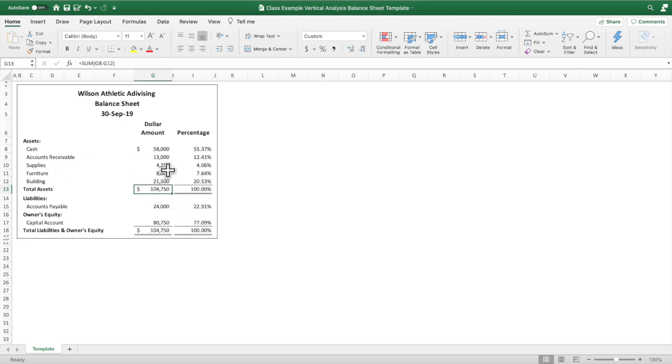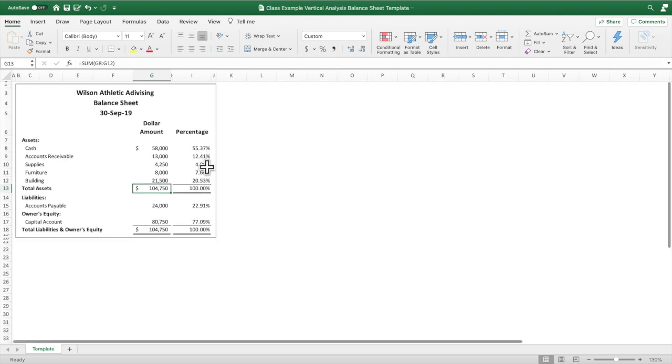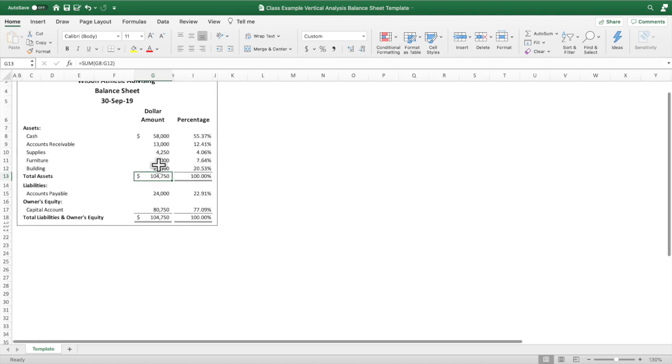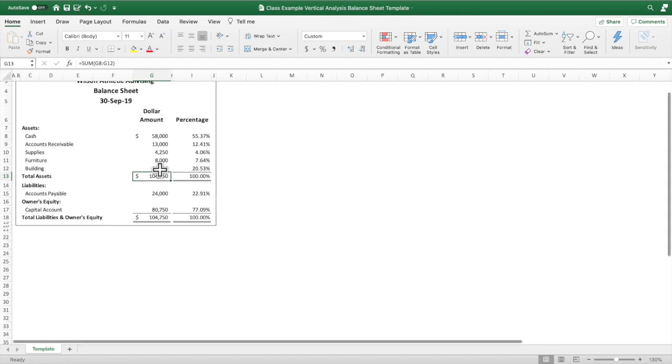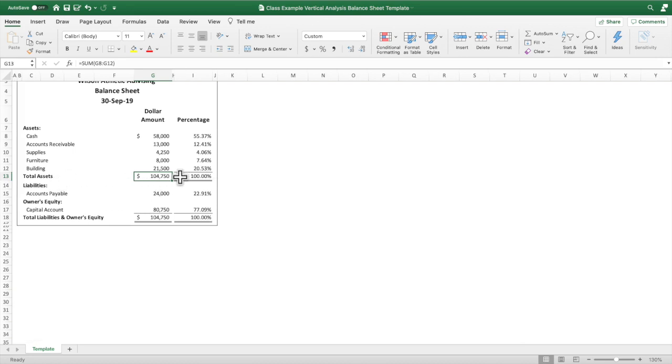When you look at accounts receivable, it is 12.41% of your total assets. Supplies is 4.06% of your total assets. Furniture is 7.64% of your total assets, and your building is 20.53% of your total assets.